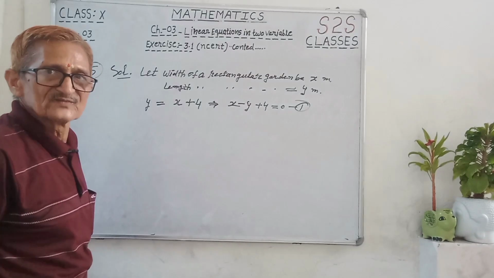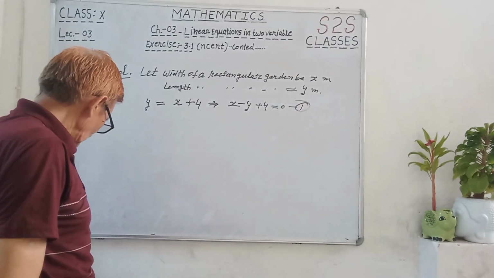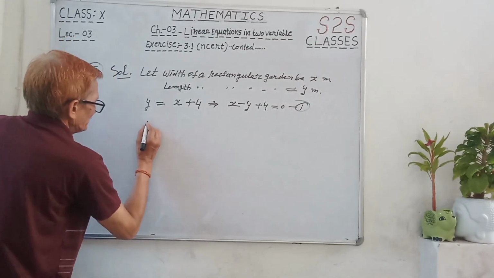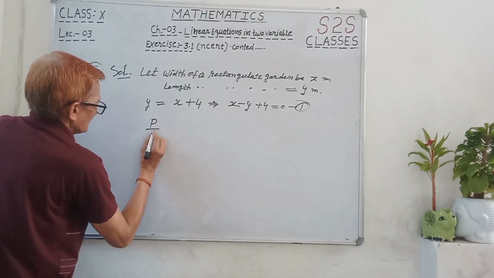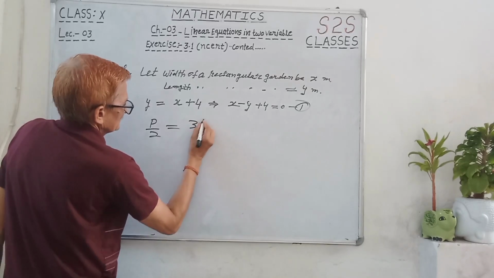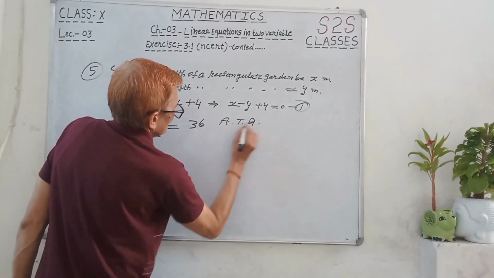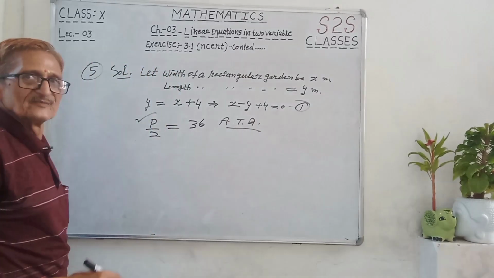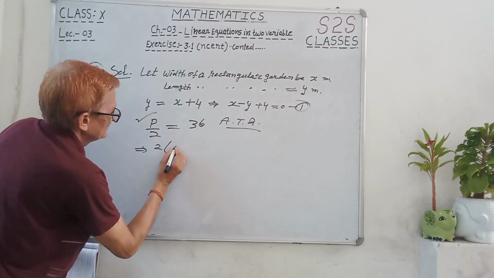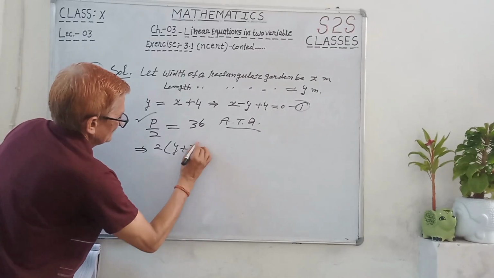Now the next condition: half the perimeter of the garden is 36 meter. So perimeter upon 2 is equal to 36, according to the question. Now let the perimeter be P. What is the perimeter? 2 into length plus breadth, that is width.